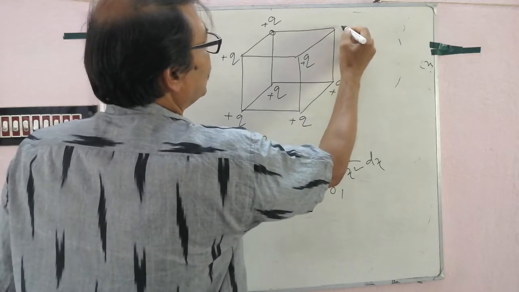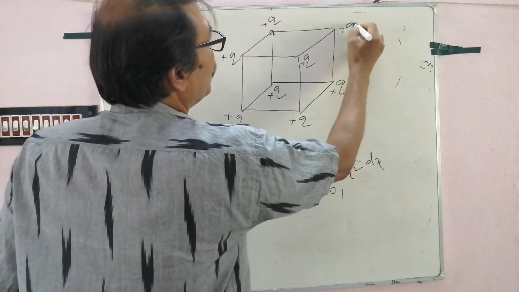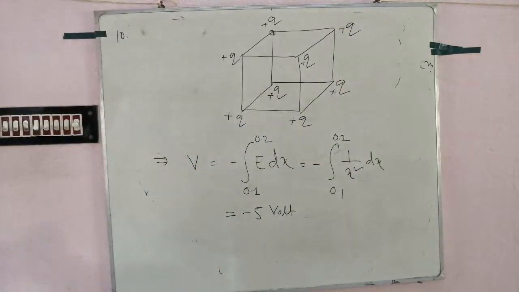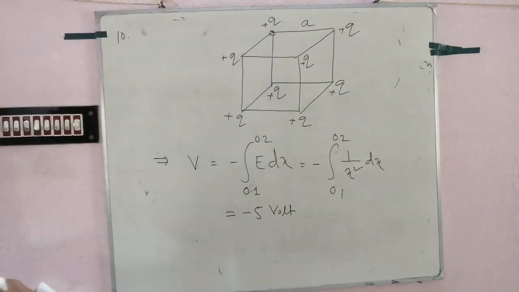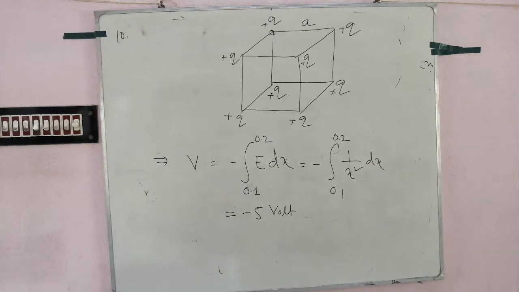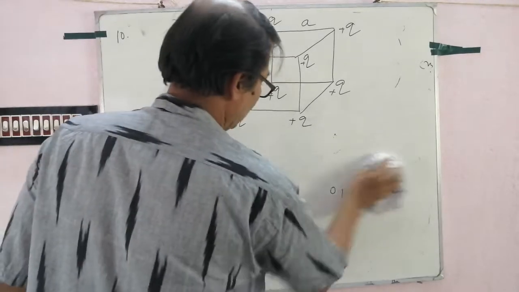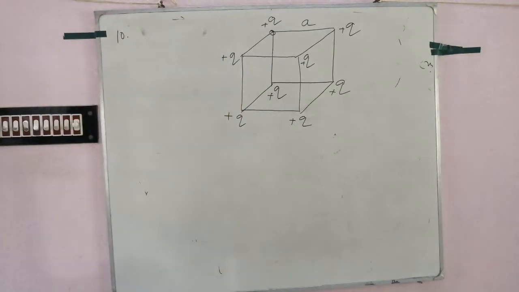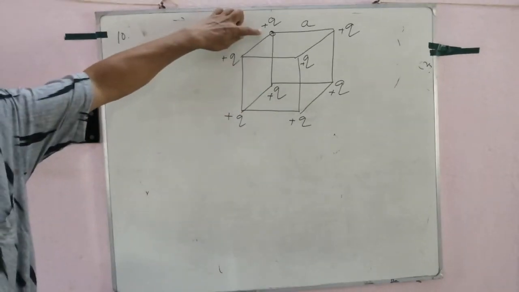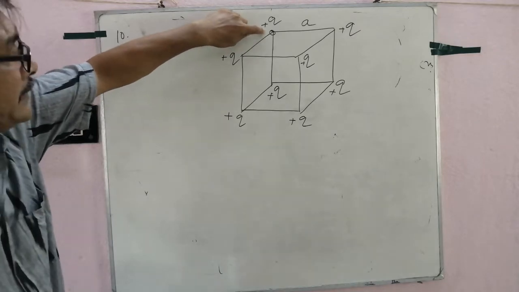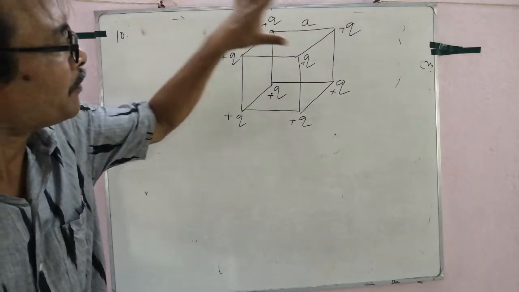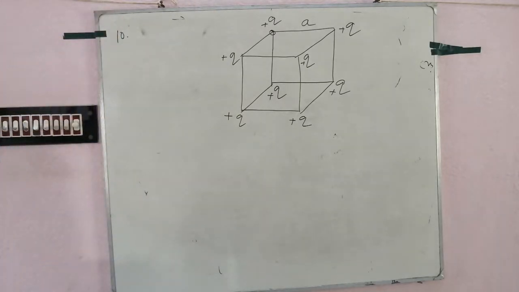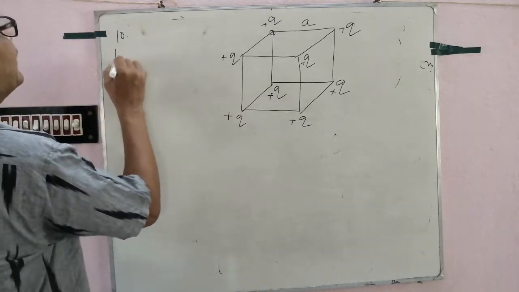The side of the cube, suppose a. A cube of side a and each of its vertices equal charge of plus q are placed. So find out the potential at the center.